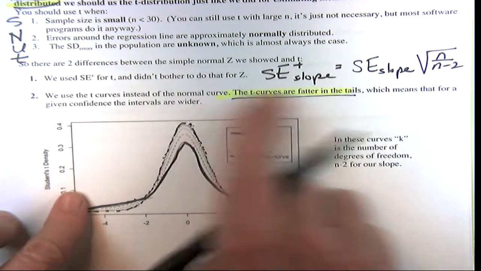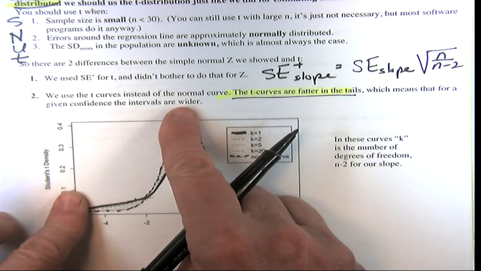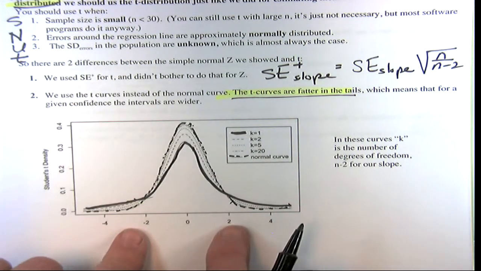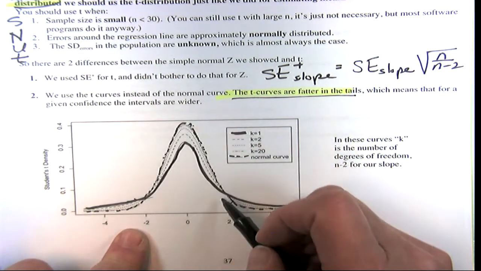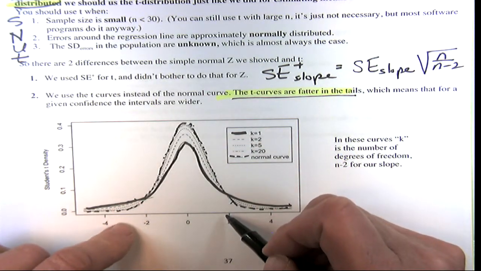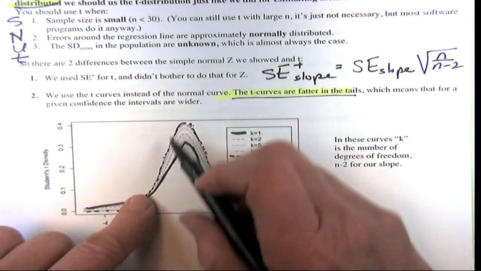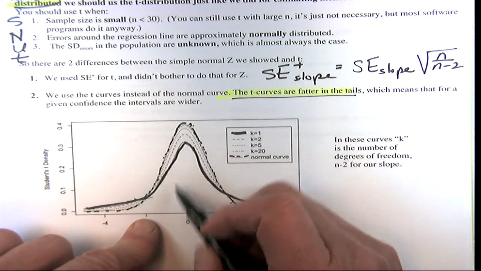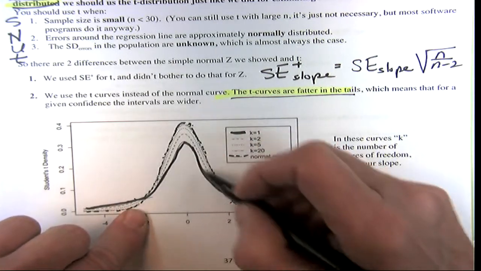So now when we look at this, it says for a given confidence interval. So let's say for a given confidence interval, like as we said before on the normal curve, which is the tall one up here, between about 1.96 and negative 1.96, or 2 and negative 2, is 95%. But you can see with the t-curve shorter in the middle, that's not 95% of the area.